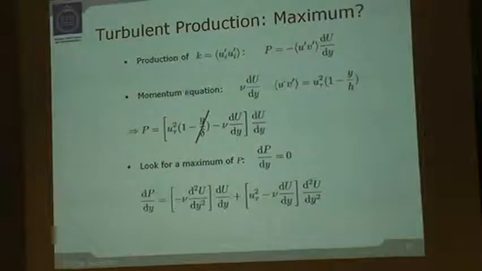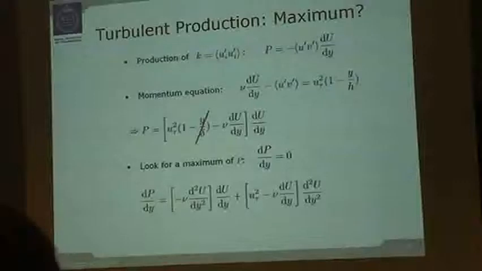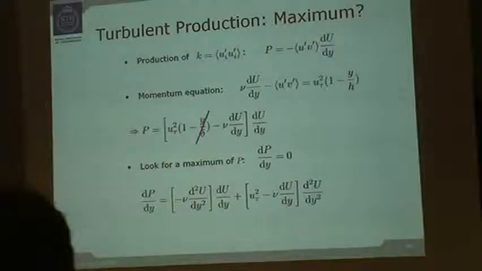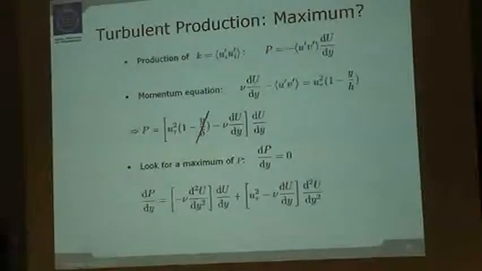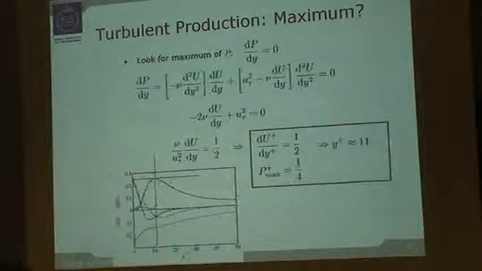Okay, now one little exercise here on the next two slides. I think I will not go through it, but I just encourage you to look at it. It's a nice little exercise to essentially predict this point here, the maximum of the production.